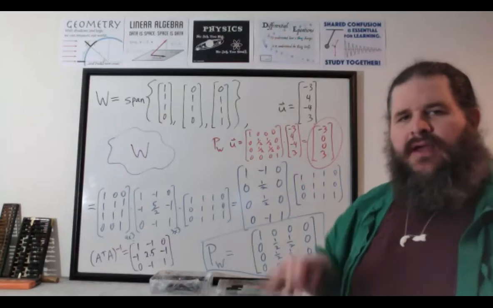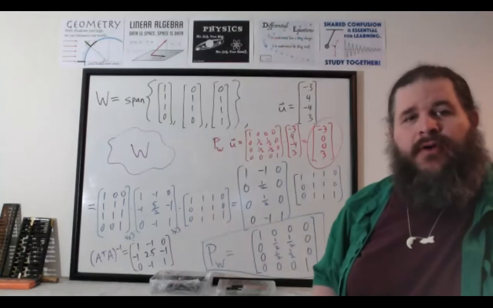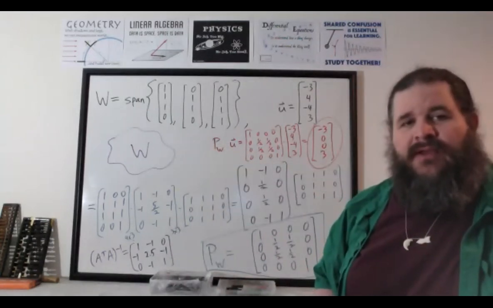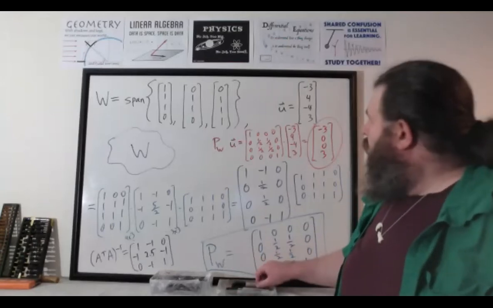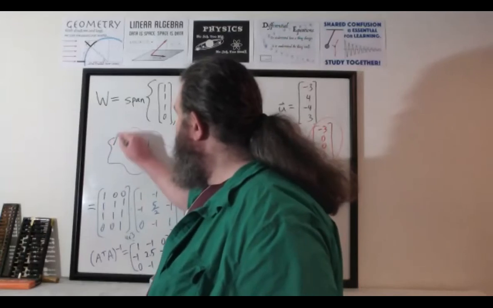Much like, for instance, a plane, like a wall, is a 2-dimensional subspace of our own 3-dimensional universe. In this case, W is a 3-dimensional subspace of a 4-dimensional universe. And U is some vector that's not part of that subspace.